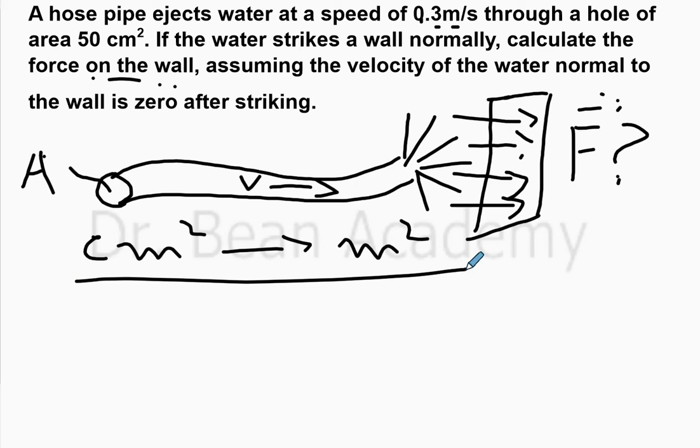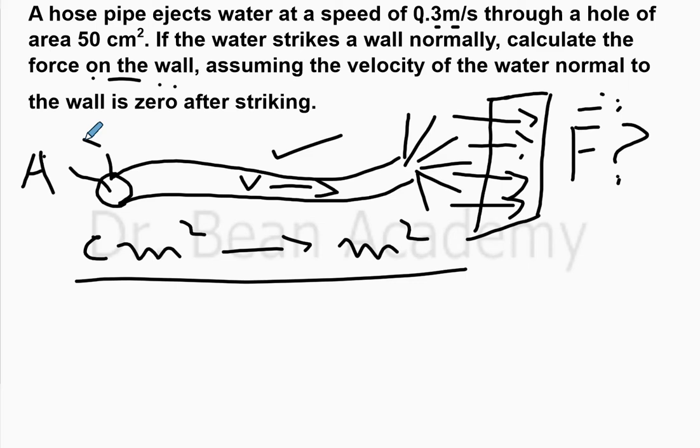Anyway, that is the work for later, because first we need to understand the question and the scheme of solution. We are given only the velocity of the water flowing through the pipe, and the area of the pipe A, which is 50 centimeters squared. We will assume the velocity of the water is normal to the wall.